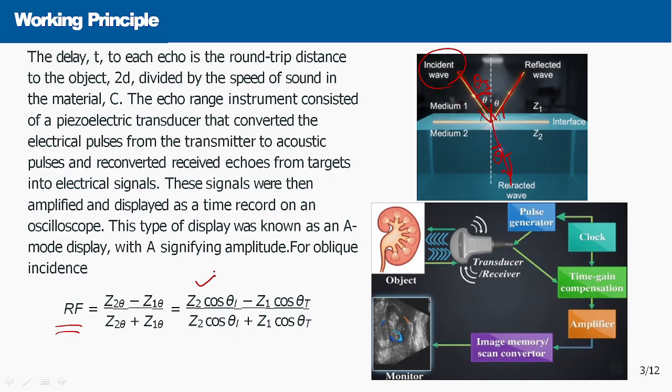It will be equal to Z2 cos theta I, where theta I is the incident wave angle, minus Z1 cos theta t, where theta t is your transmitted angle, divided by Z2 cos theta I plus Z1 cos theta t. This is the formula for oblique incidence.